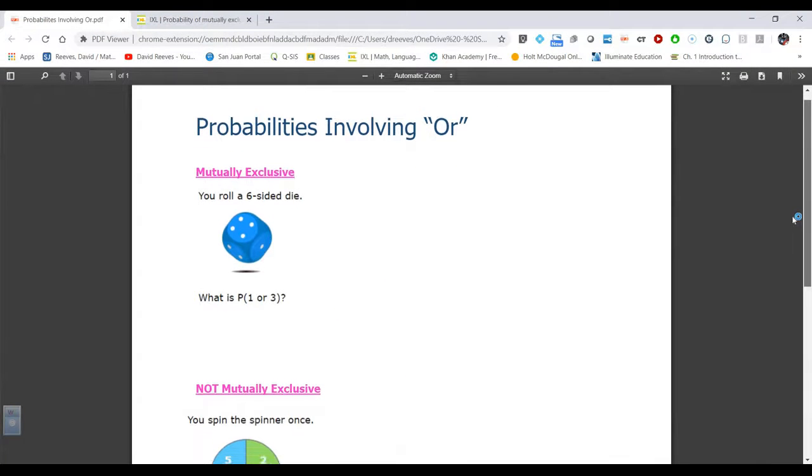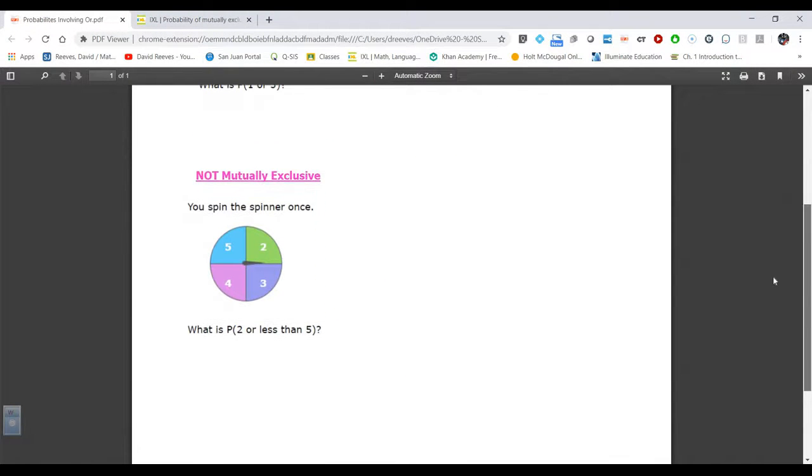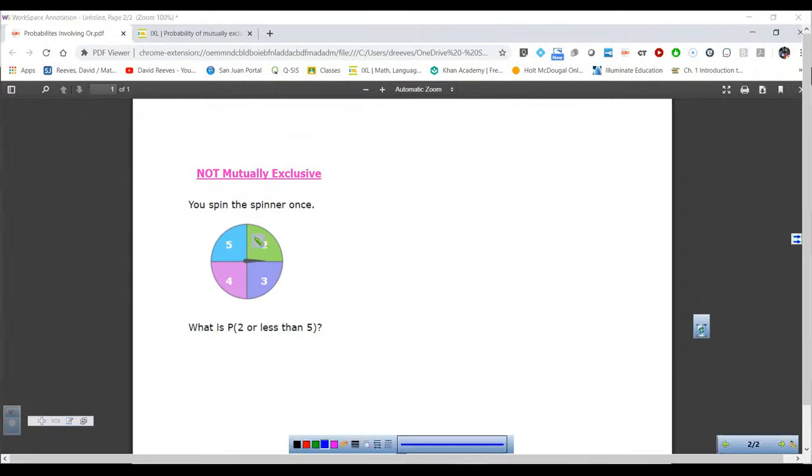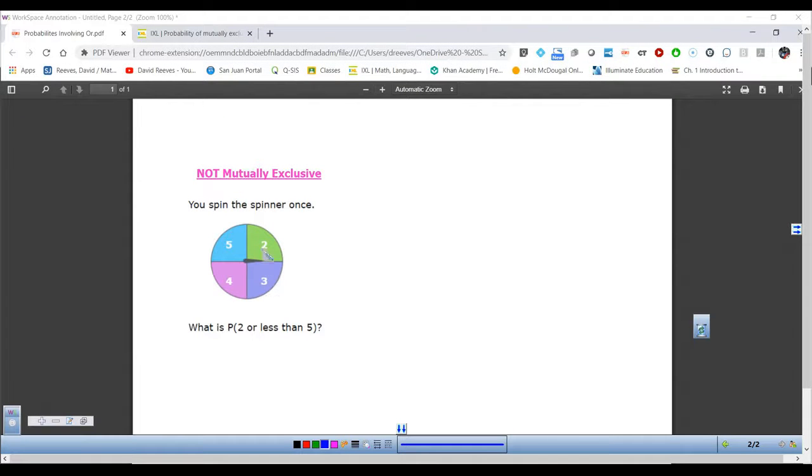All right, what if they are not mutually exclusive? Well, let's talk about what not mutually exclusive means. Here we have a spinner, and the spinner has the numbers 2, 3, 4, and 5. If we look at the outcomes, we could get a 2, a 3, a 4, or a 5.